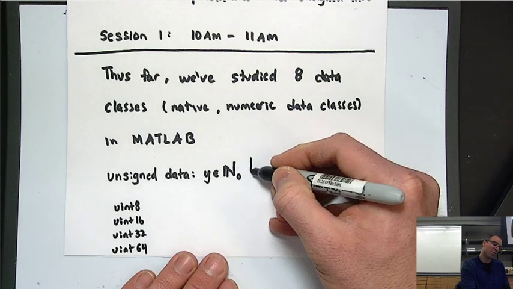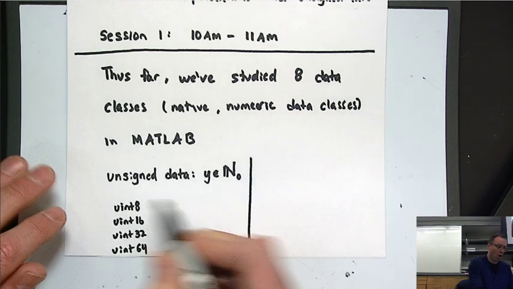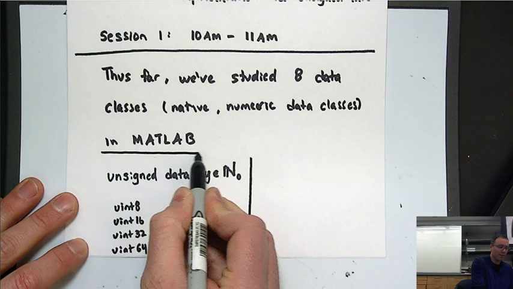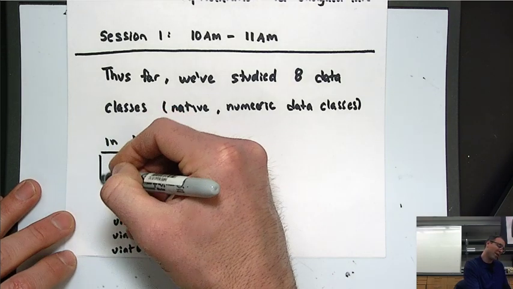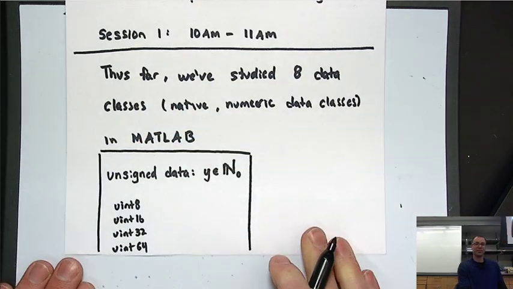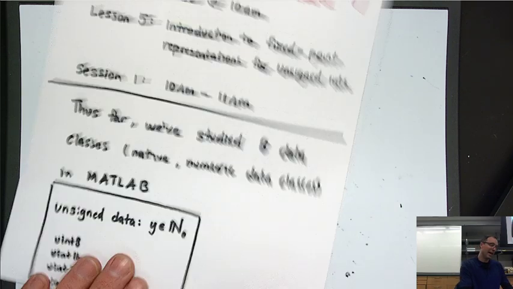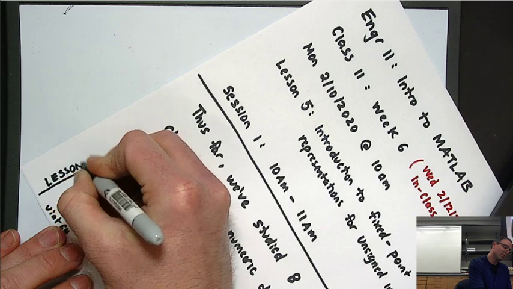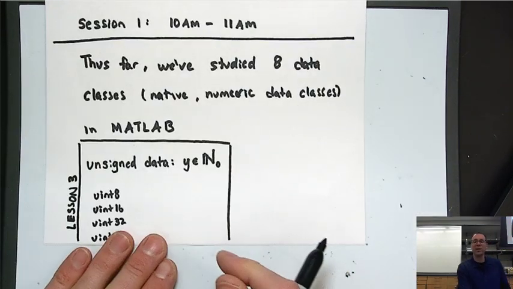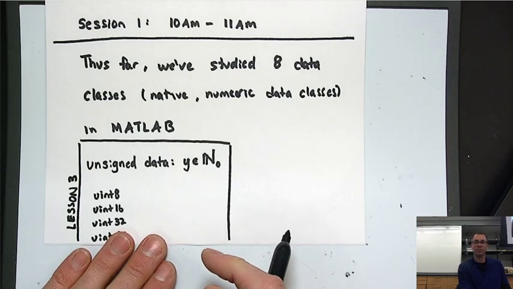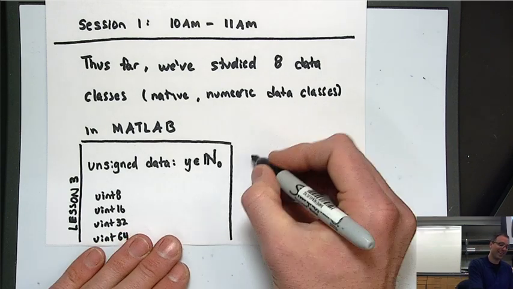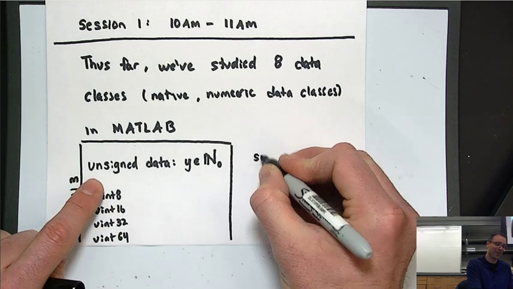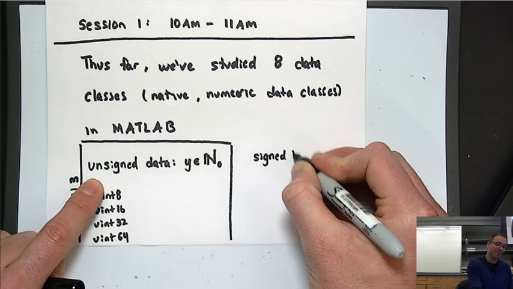In particular, all of this stuff we spoke about in lesson 3. What was the other type of data that we encoded? Take away the un. So we call this signed data.